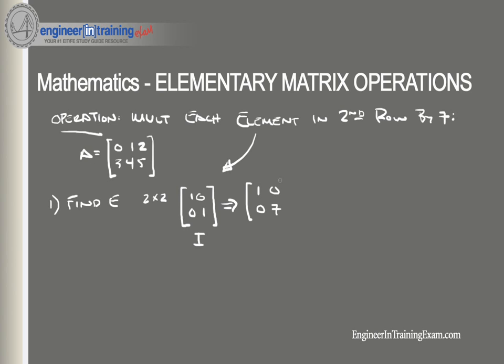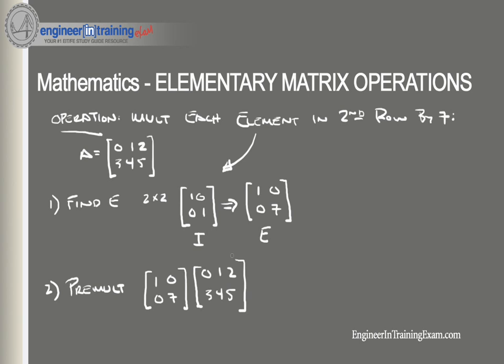Now our second step is to pre-multiply A by E. So E once again is 1, 0, 0, 7, and A is 0, 1, 2, 3, 4, 5. We just need to complete our matrix multiplication, which is routine for us now. We get 1 times 0 plus 0 times 3 for our first element.